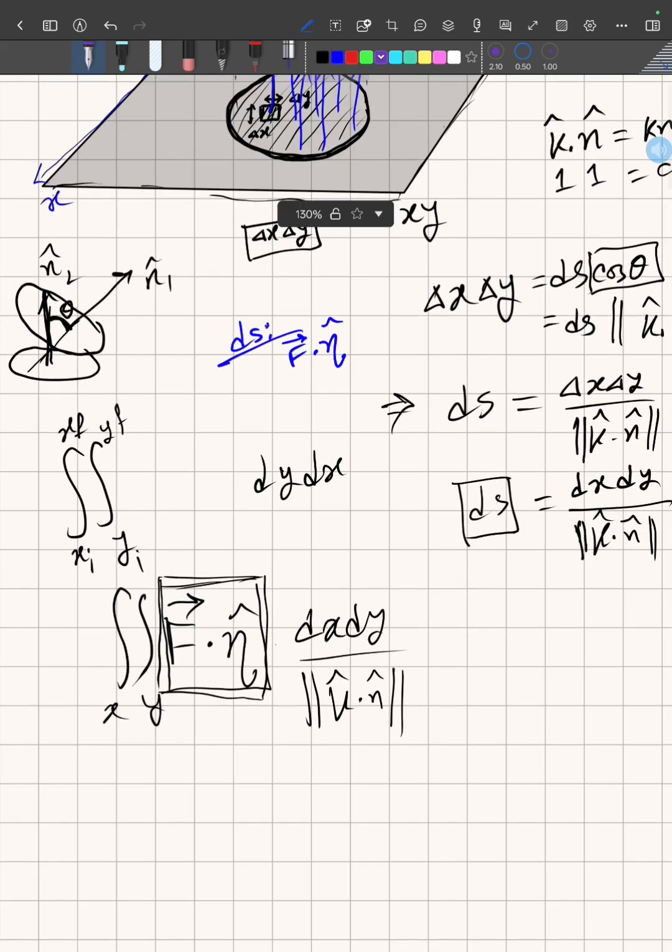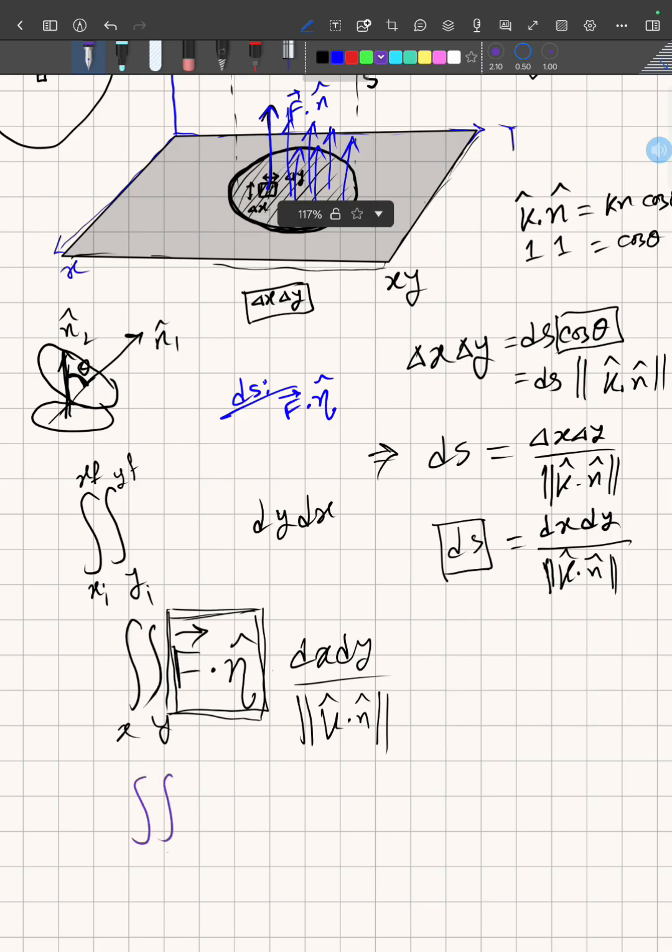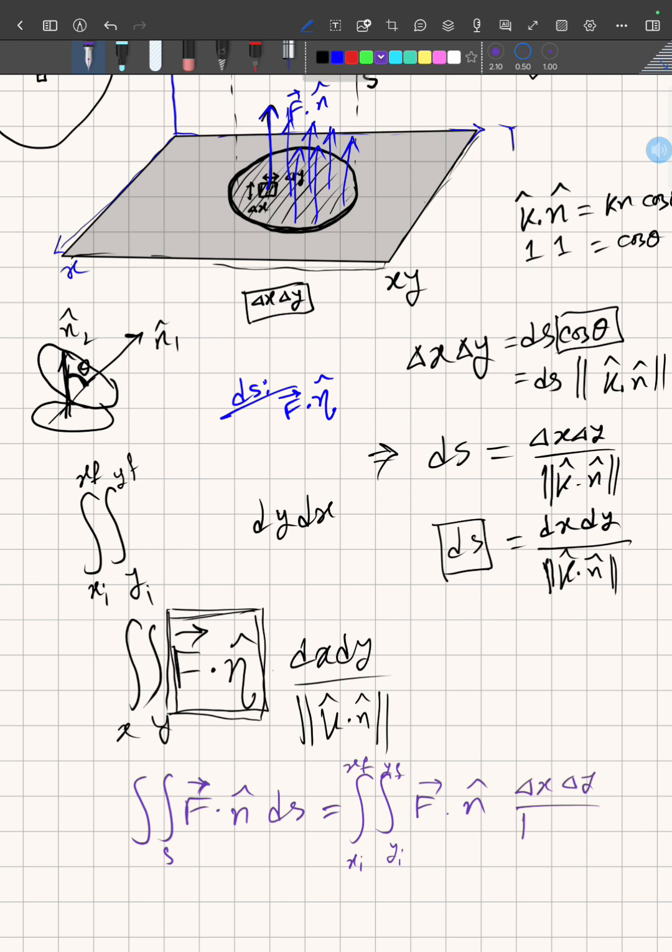So our final equation is the integral of F dot n ds equals the integral from x initial to x final and y initial to y final of F dot n dx dy divided by the magnitude of k dot n. Now this k is not always constant.